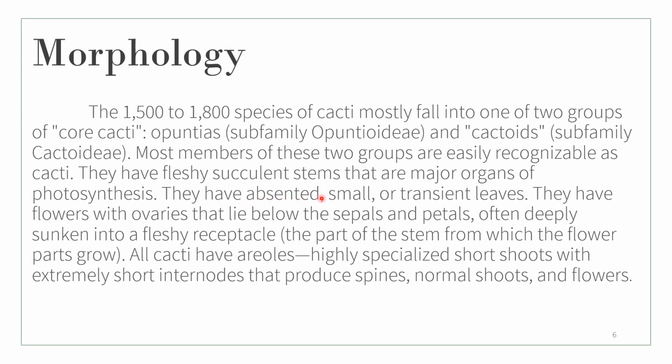They have absent, small or transient leaves. They have flowers with ovaries that lie below the sepals and petals, often deeply sunken into a fleshy receptacle, the part of the stem from which the flower parts grow. All cacti have areoles, highly specialized short shoots with extremely short internodes that produce spines, normal shoots, and flowers.